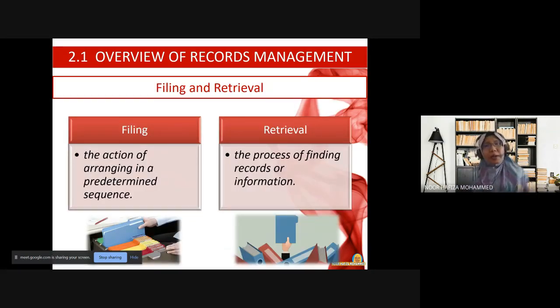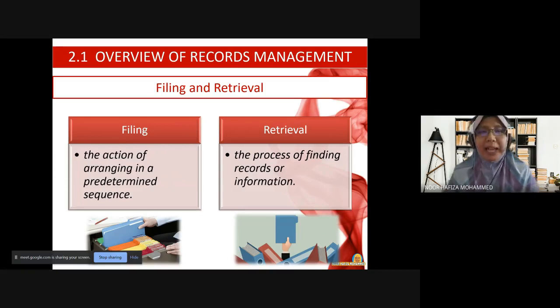Okay, so now we are going to proceed to filing and retrieval. When you have a record, you need to file the record. How you are going to file the record will be based on the type of record. The word retrieval is when you want to retrieve the documents or records that you have filed.